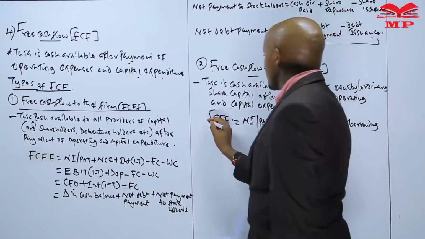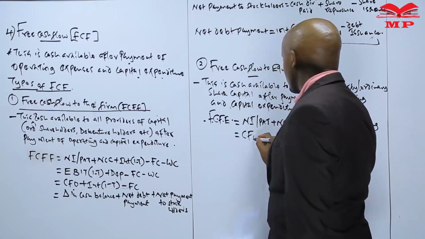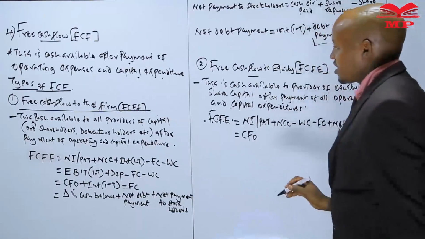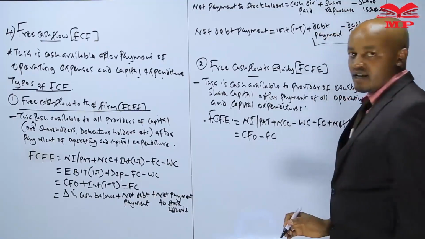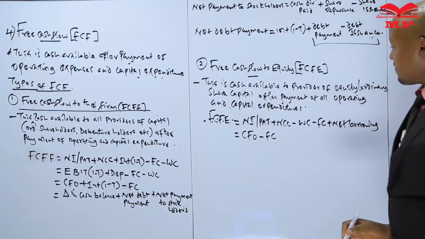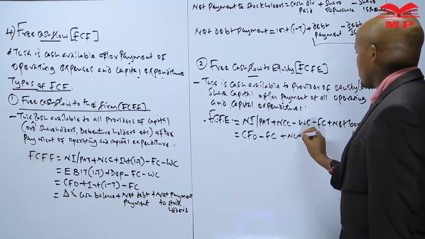Then we also have the other formula, which is CFO, that is cash flow from operation, and then to this we less the capital expenditure plus net borrowing.